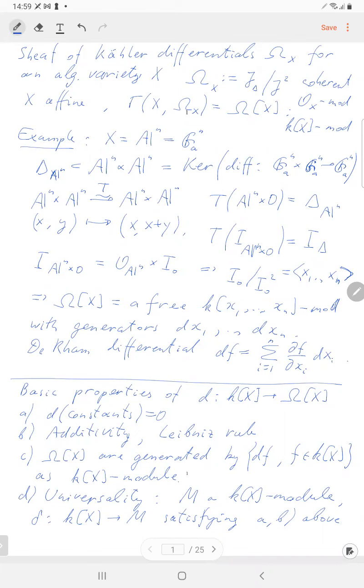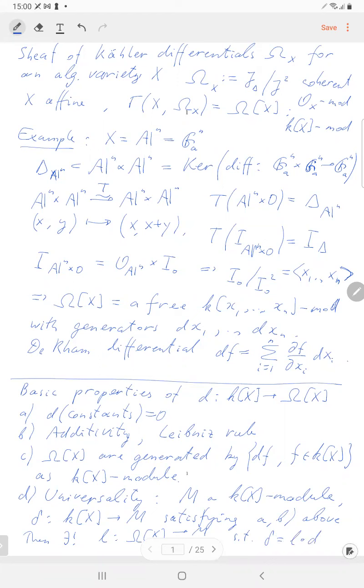And then there is a unique morphism L from Kähler differentials to M, such that our delta is the composition of L and the Kähler differential.